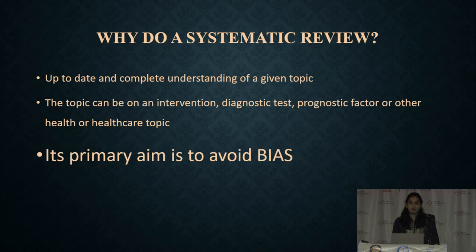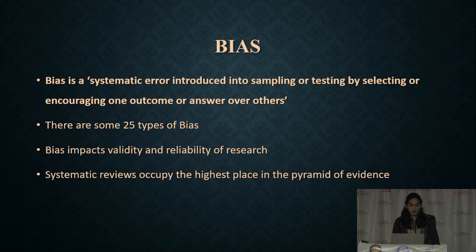The main aim of systematic review is to avoid bias. So what is a bias? It is a systematic error introduced into sampling or testing by selecting or encouraging one outcome or answer over others. There are over 25 different types of bias, which impact the validity and reliability of the research that you're conducting.